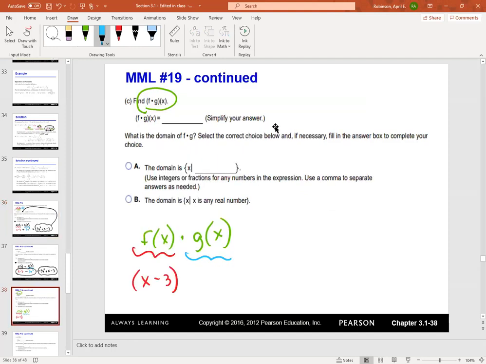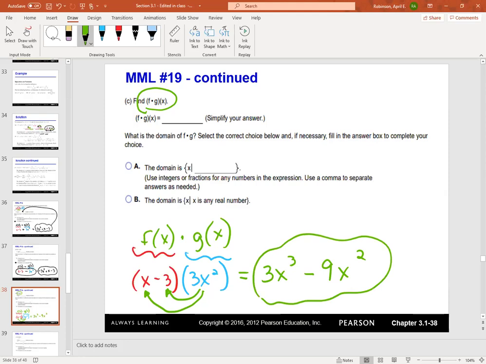Of course, in order to multiply this, I'm going to have to distribute the monomial through the binomial. So 3x squared times x is 3x cubed, and 3x squared times minus 3 is minus 9x squared. And so that's what you'll just type in right here for choice A.